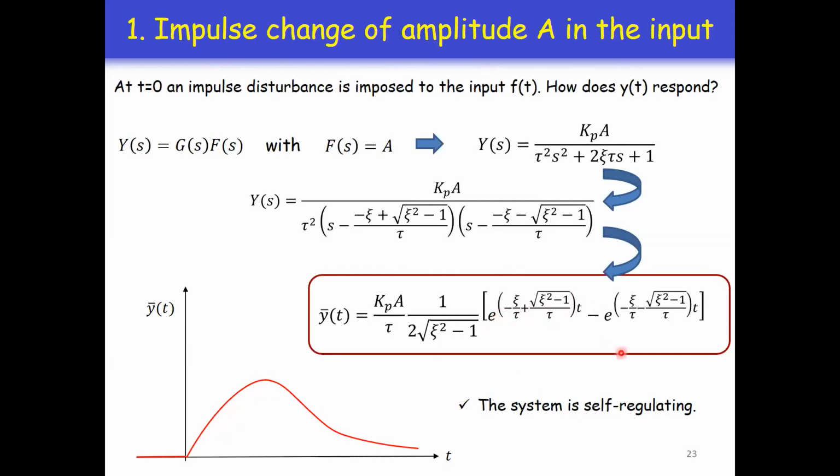What if time goes to infinity? Well, both the exponential terms will go to 0. They will decay to 0. And so basically the response will be a curve that qualitatively is the one that you can see here, a red curve. So let me explain this a little bit better.